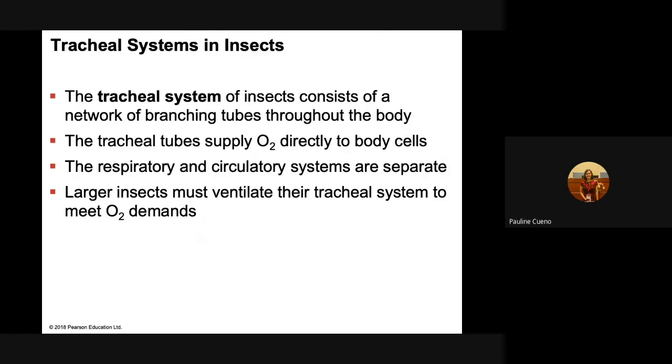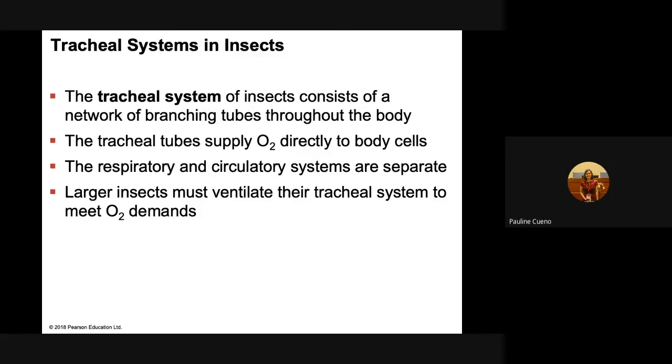And then, we have the tracheal system, ang insects. So, tracheal system of insects consists of a network of branching tubes throughout the body, and these tracheal tubes supply oxygen directly to body cells. The respiratory system and circulatory systems are separate in insects, and larger insects must ventilate their tracheal system to meet oxygen demands.